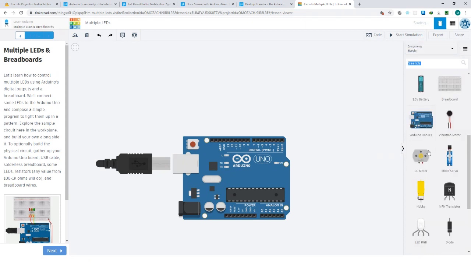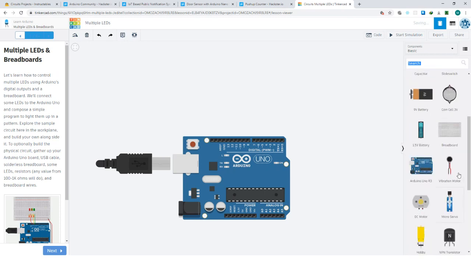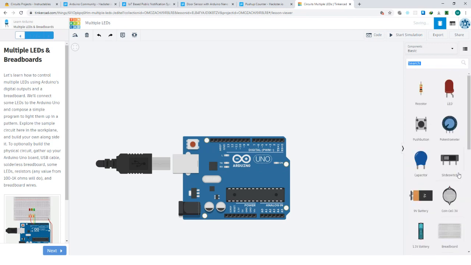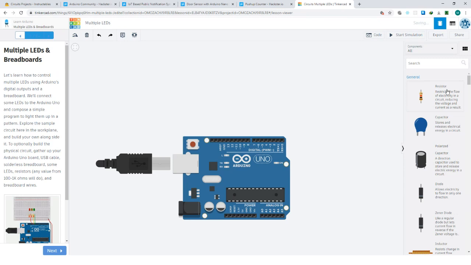I think these are basically the ones that come with the Arduino kit. You'll find ultrasonic, you'll find the segment, the LED, all of them. Then probably let's just take all of them.